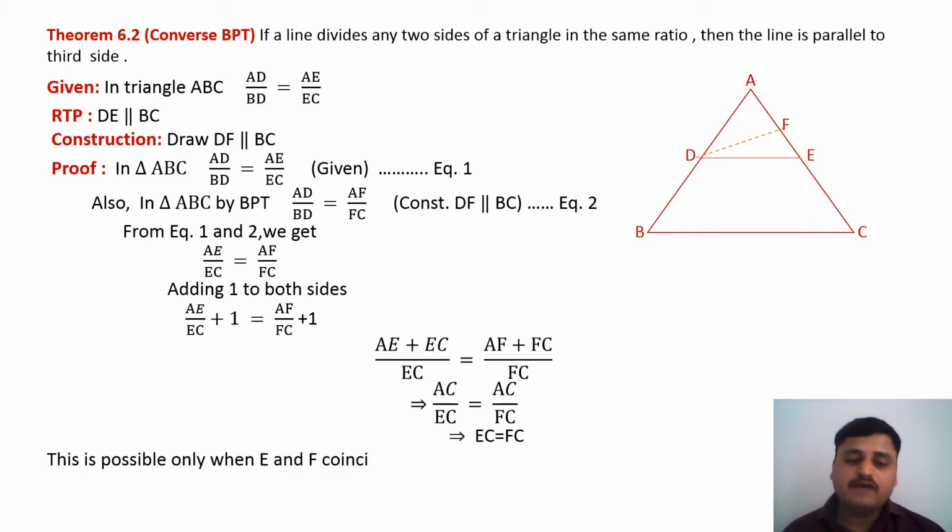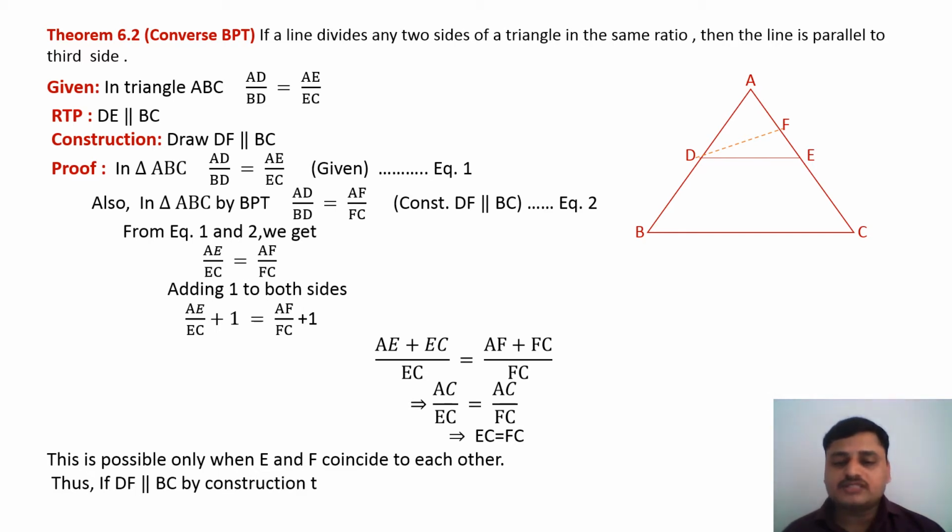If E and F coincide, and DF is parallel to BC by construction, then DE will also be parallel to BC. So in this way we prove this.